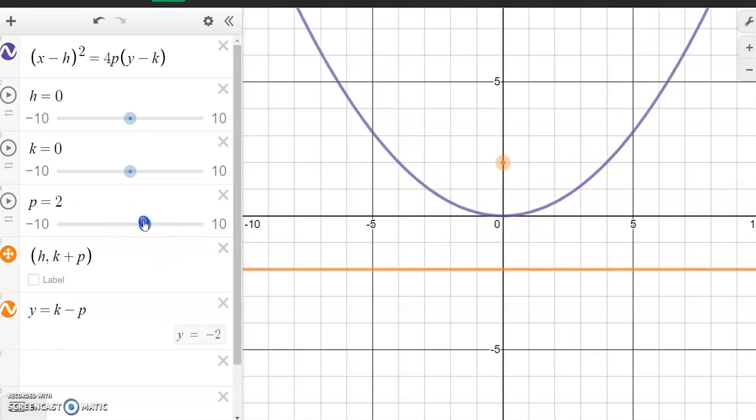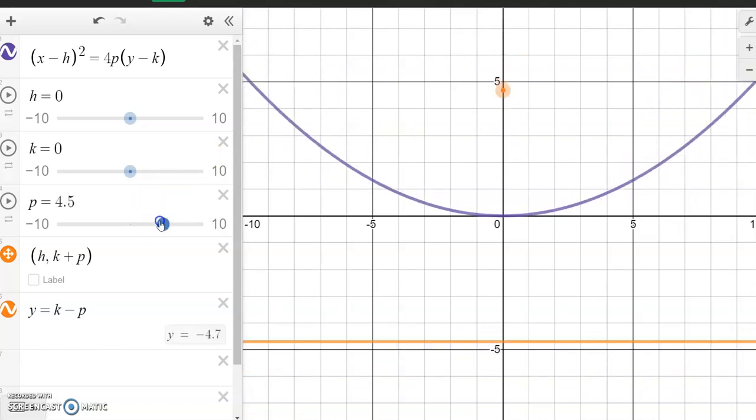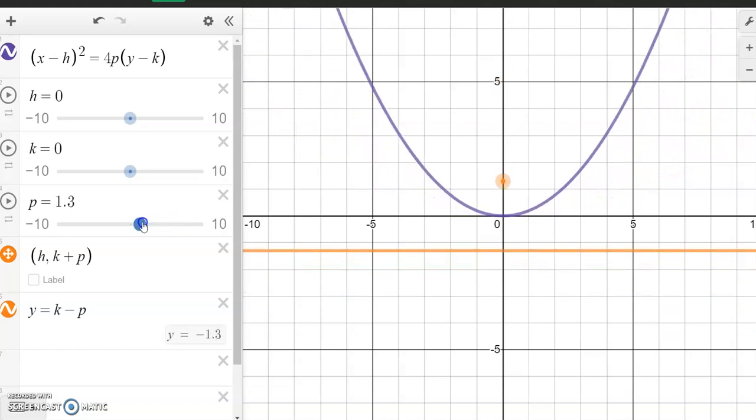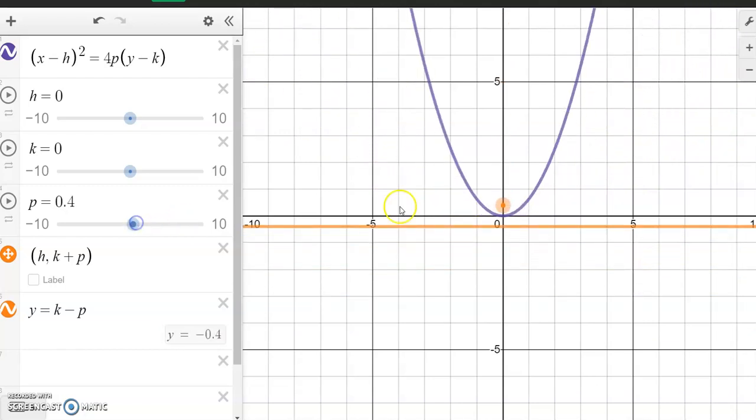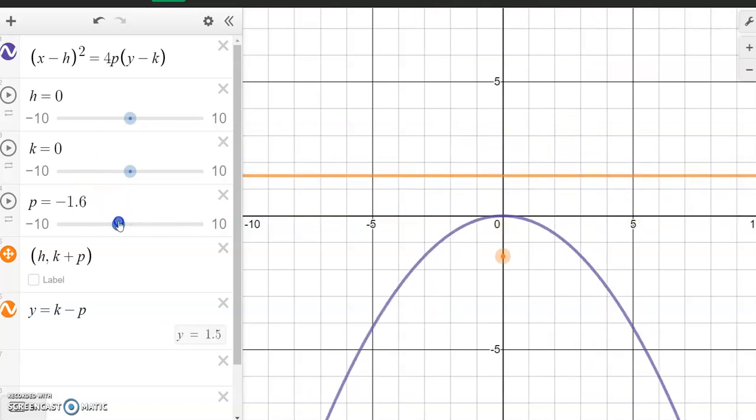If you make p bigger, like a value of about 2, you can see the focus is 2 units away from the vertex, and the directrix is 2 units beneath the vertex, and the parabola gets wider. So as p gets bigger, they get farther apart, which makes the parabola wider. If p gets smaller, they get closer together and the parabola gets narrower. If p is negative, that's when it faces down instead of up.